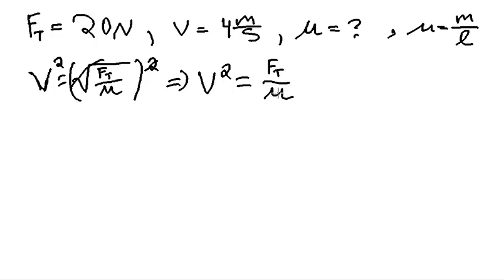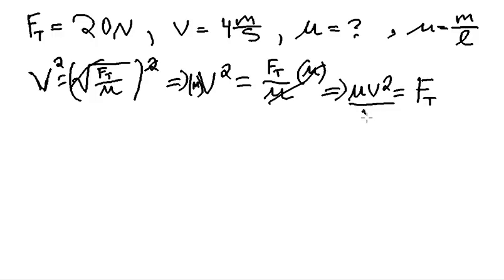So we have to get this out of here by multiplying it on both sides. The mass-length density multiplied by the velocity squared is equal to the force of tension pulling on that string. And then one more step to get rid of that velocity squared. Okay, so our algebra is taken care of.